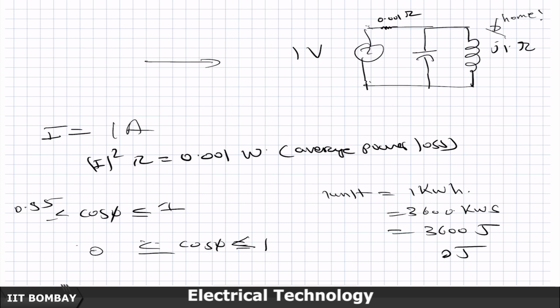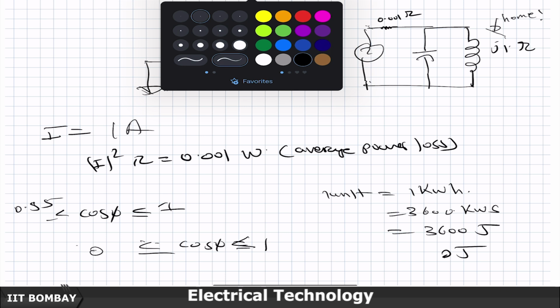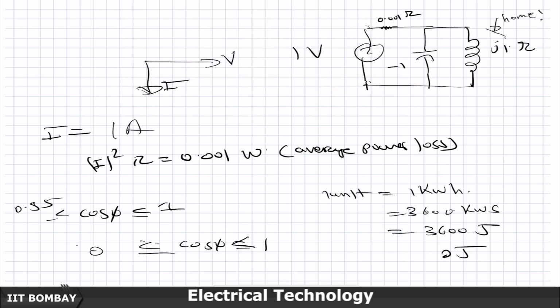This is my V, this is my I, it is completely reactive, and this is causing the loss to take place. So what they say is, put a parallel shunt capacitor of -j1 ohm.